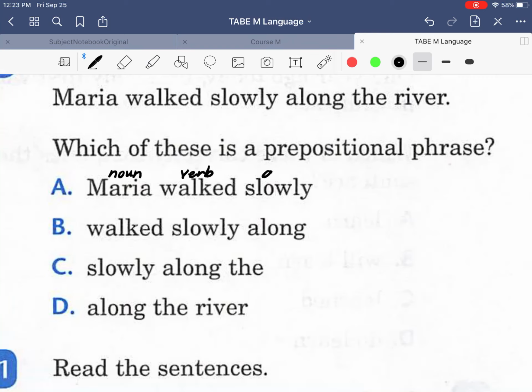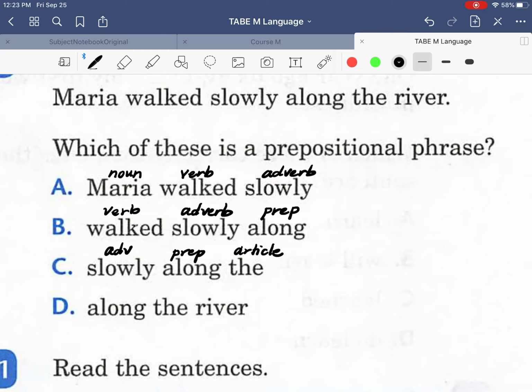Slowly ends in ly. It's an adverb. Along is a preposition. Adverb, preposition, article.